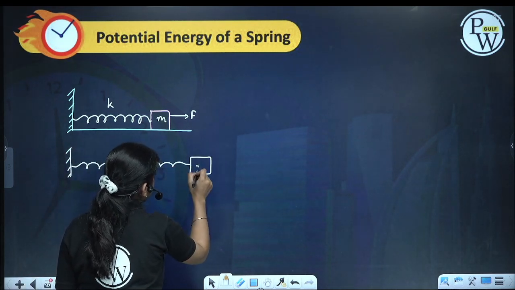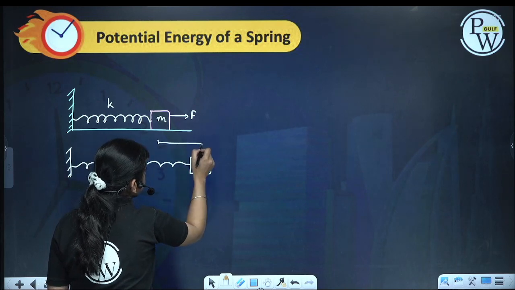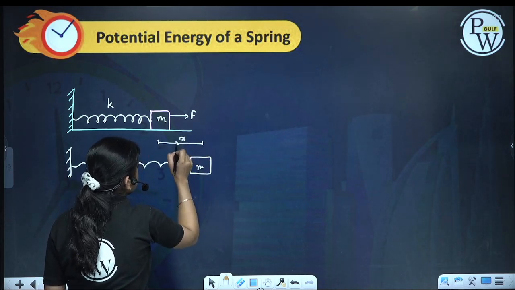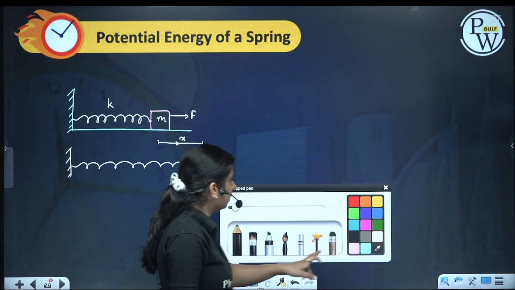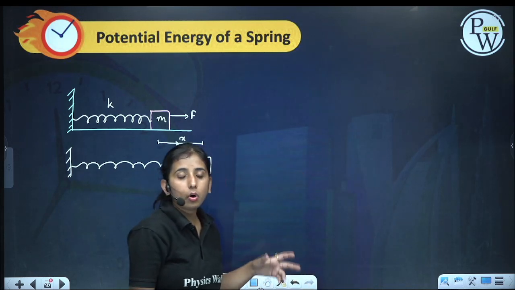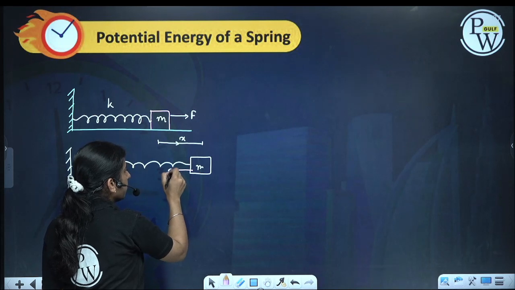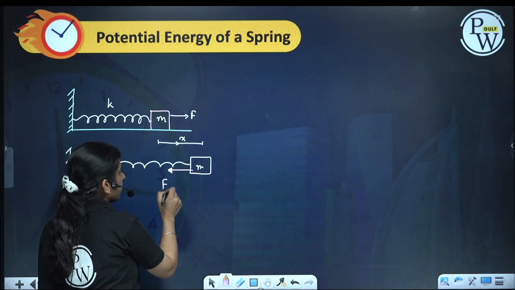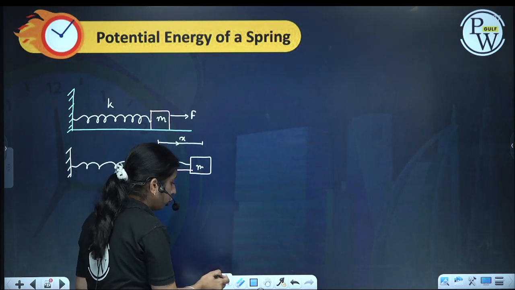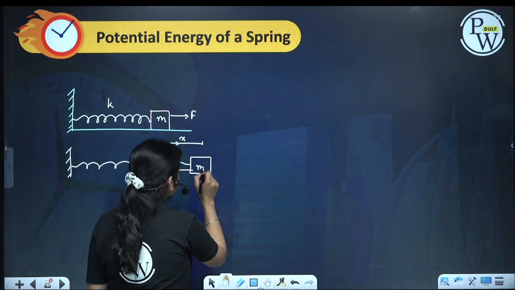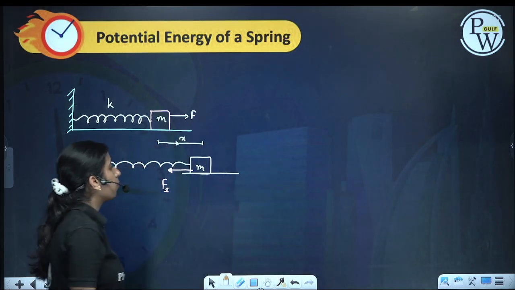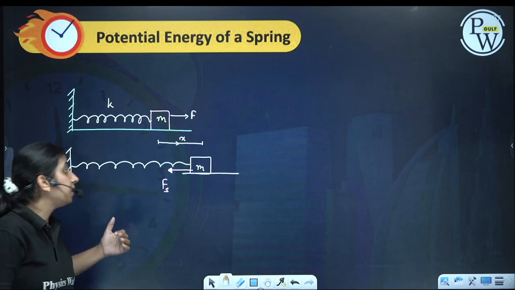Now if x is the displacement of the block, or the elongation in the spring, then the spring will apply a force Fs on the block to regain its initial position.